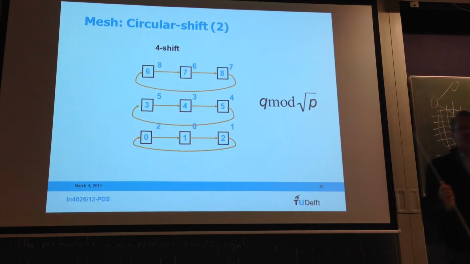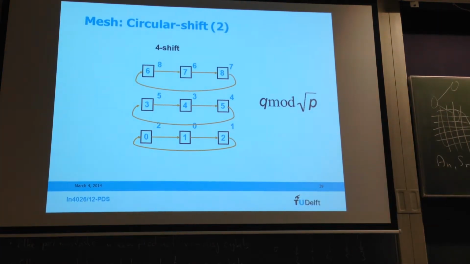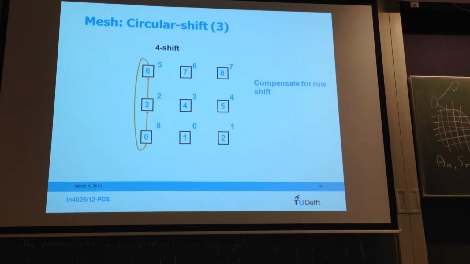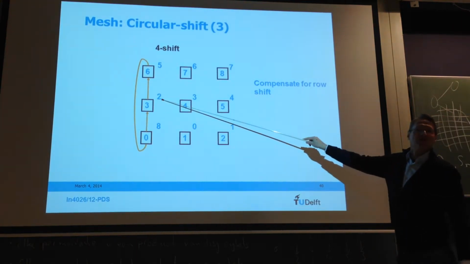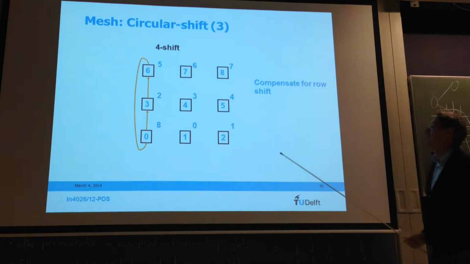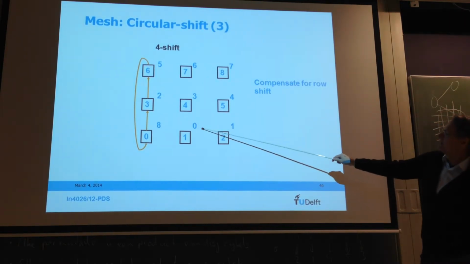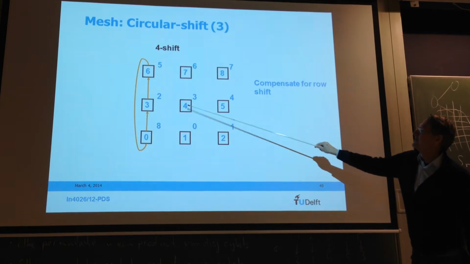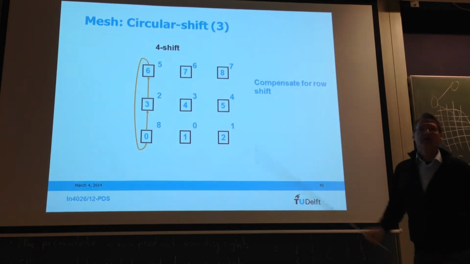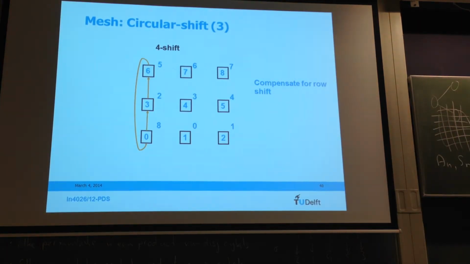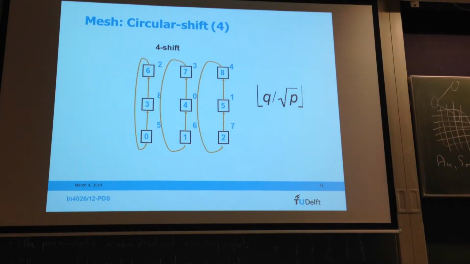So we have to compensate in the next step for the number of columns it had to pass, in this case, this one needs to be shifted one position up, because otherwise things are not in order. And then this one, which needs to be at this place, is in the right column, and then we can shift this column up. Right? So, and that's equal to Q divided by the square root of P.